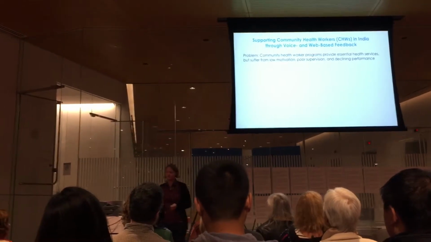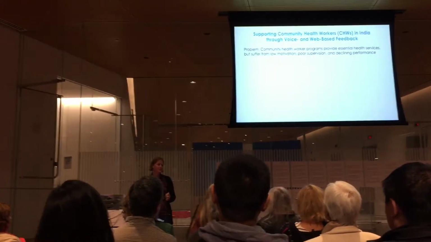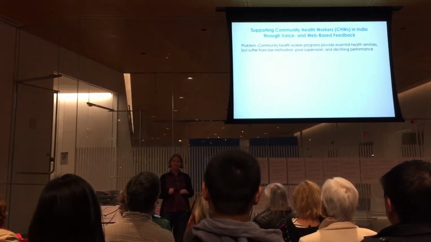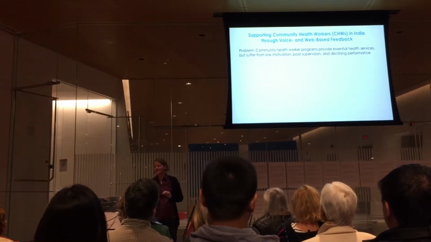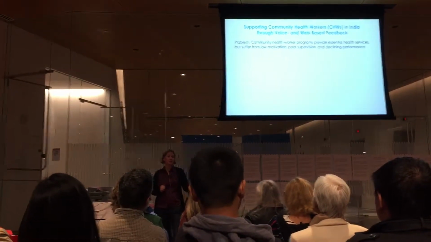that they were doing. So to set the context here, community health worker programs in a lot of other countries, not so much the US, I've discovered, are government-run programs in which they recruit people from the community.